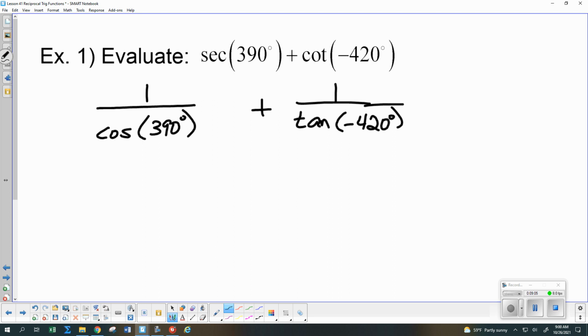So for the first one, I'm going in the positive direction. And let's see, how far do I need to go? All the way around is 360, that's not far enough. I need to keep going. So I'm at that lowest one that's completely in the first quadrant. Cosine, that's my x.